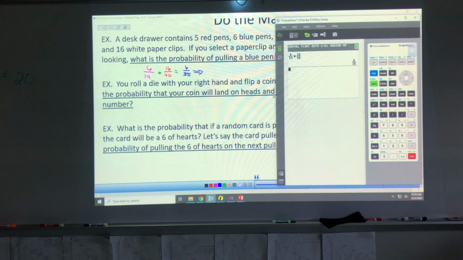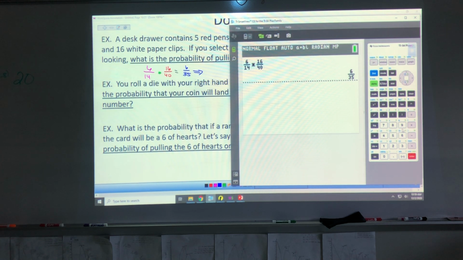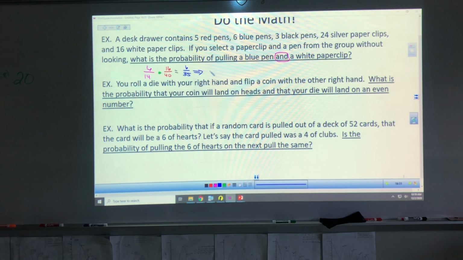Make sure you can see the screen. We're going to do 6 divided by 35. And so your decimal place would land right here. So we call it 17.1%. There you go. Okay?